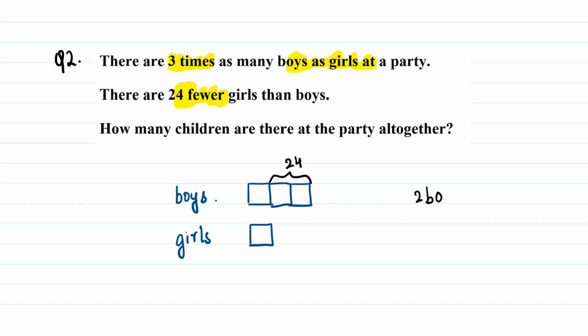So 1 box would be equal to 12. Now the total children are represented by 4 boxes, girls plus boys. So 1, 2, 3, 4. We can simply do 4 times 12, which is equal to 48. So there are 48 children at the party altogether.